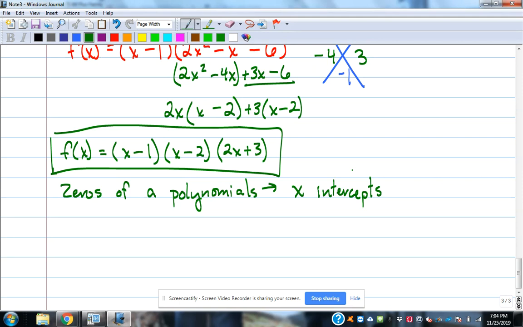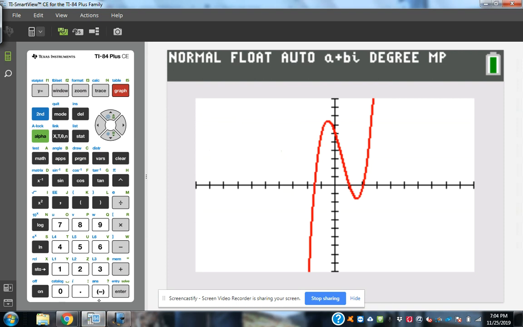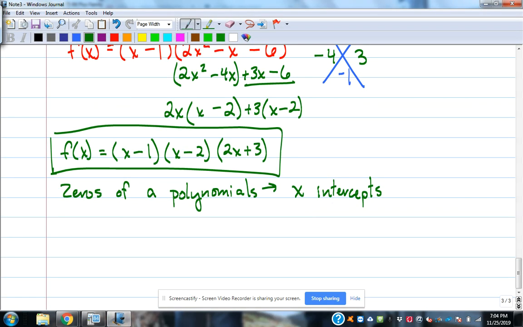And if you're an X-intercept, where are you on the graph? Look, since we've graphed this one already, where are the X-intercepts? Across the X-axis. That's the key, okay? Now, what do we know about the ordered pairs for X-intercepts?